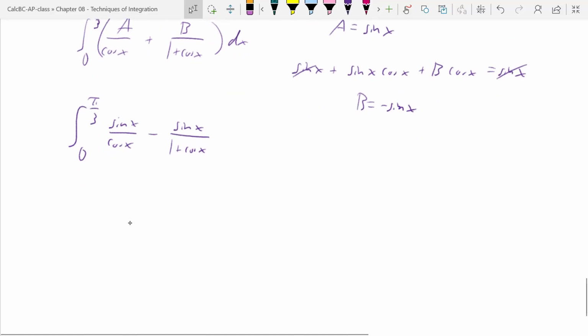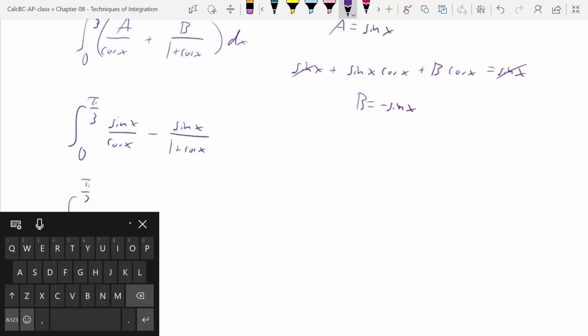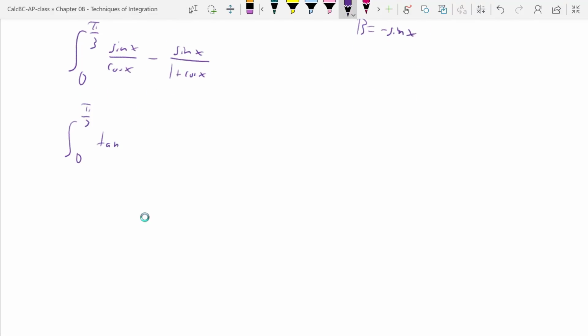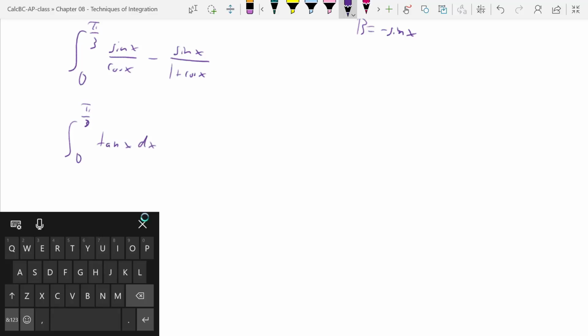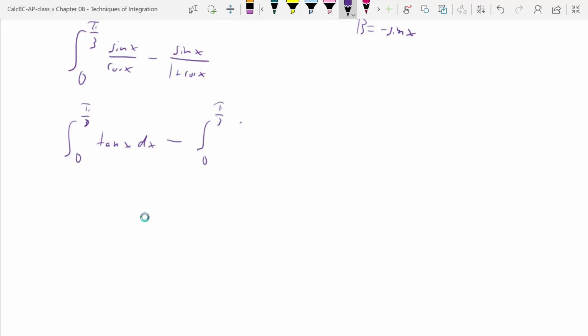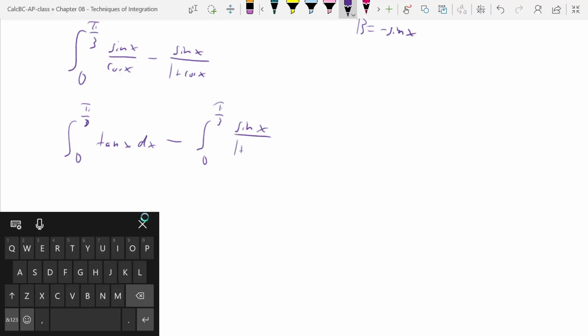So keeping this going, I'm going to get the integral from 0 to pi over 3 of sine x over cosine x, which is actually just the tangent of x. And I'm going to split this integral up because I'm going to do a U-substitution, minus the integral from 0 to pi over 3 of sine x over 1 plus cosine x dx.